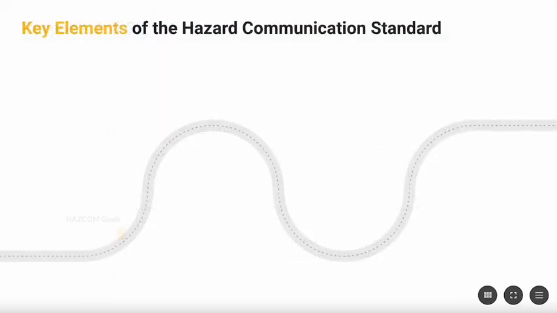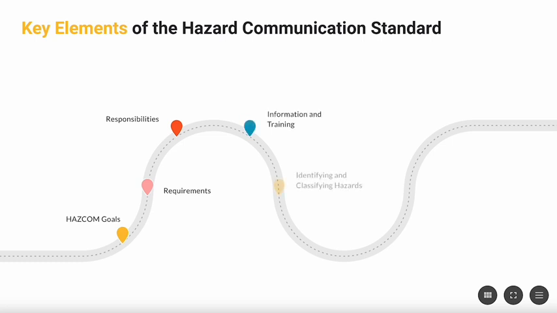The key elements of the Hazard Communication Standard, also known as HAZCOM. The key elements of HAZCOM include goals: to provide workers with the knowledge and skills to work safely with hazardous materials and to reduce the risk of injury or illness from chemical exposure. Requirements: written hazard communication program, information and training on hazardous chemicals, labels and safety data sheets, SDSs, for all hazardous chemicals.